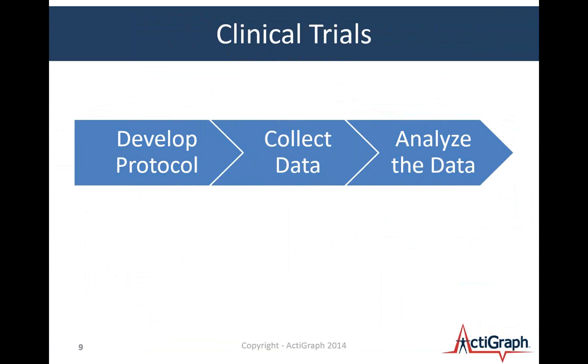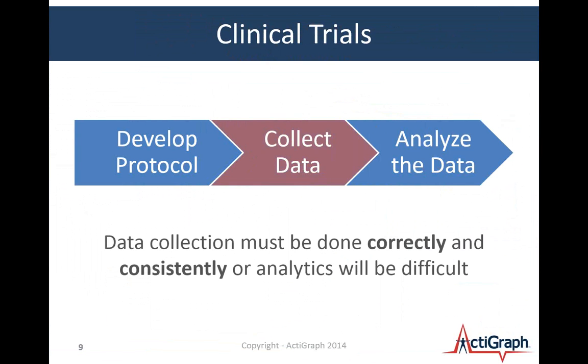So essentially it's a three-phase process. But what I want to point out today is that the data collection itself must be done correctly and consistently, in particular with our device or with any physical activity measuring device, or the analytics at the end will be difficult and convoluted. And so that theme will run through this presentation today.